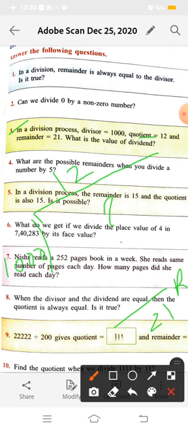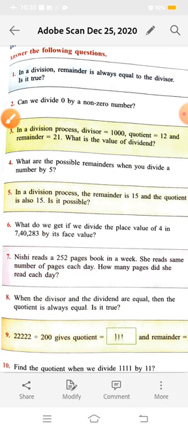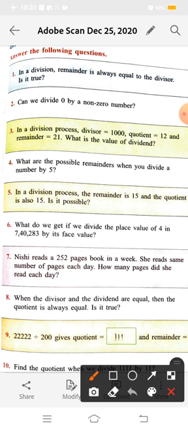When we multiply quotient with divisor, we will find 12,000, but our remainder is also 21, so then plus remainder in this answer, so our dividend will come 12,021 like this.